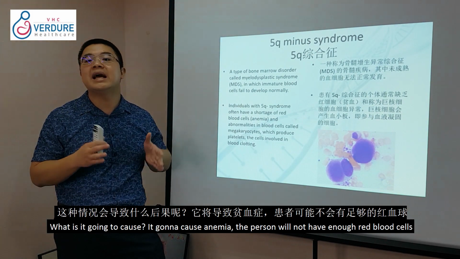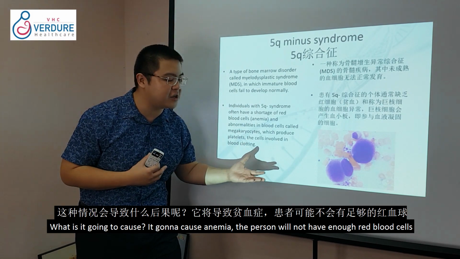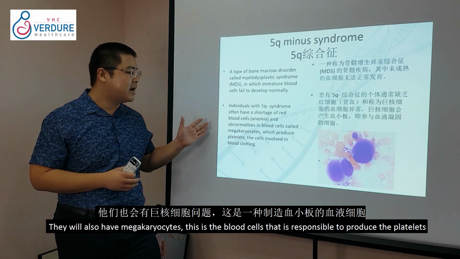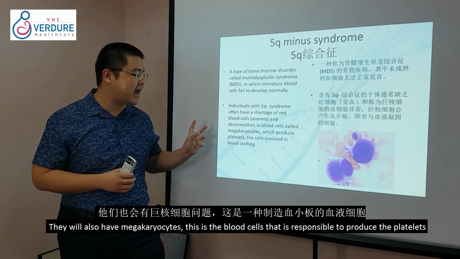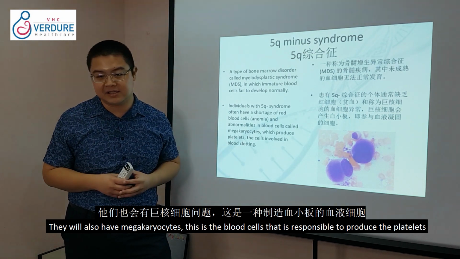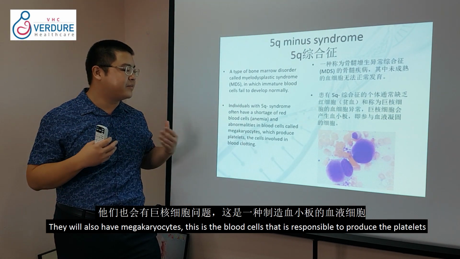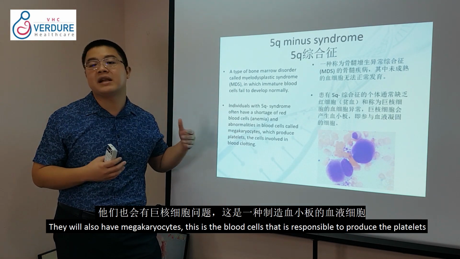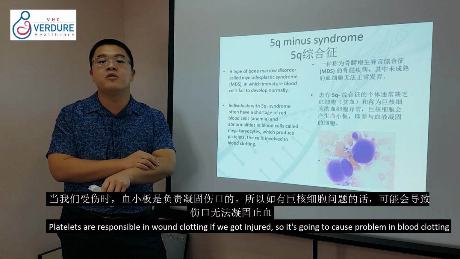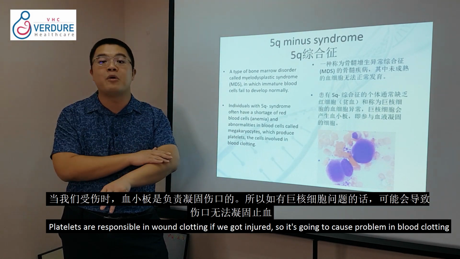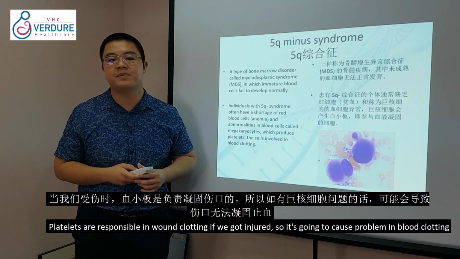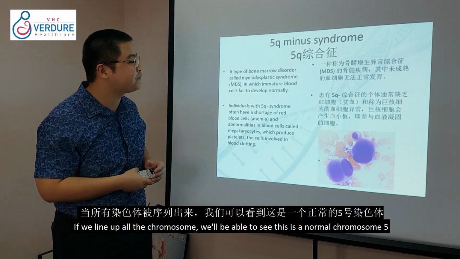It's going to cause anemia, meaning to say that this person will not get enough red blood cells, and then they will also get problems with megakaryocytes. This is the blood cell that is responsible for producing the platelets. Platelets are responsible for clotting our wounds if we get some injuries. So it's going to cause a bit of problem clotting our blood.